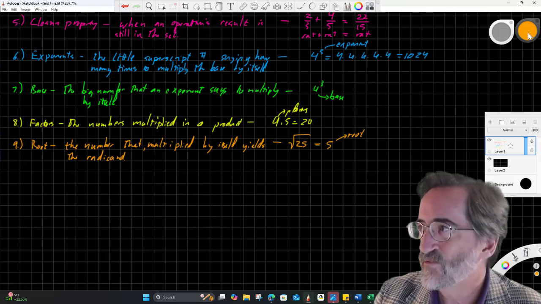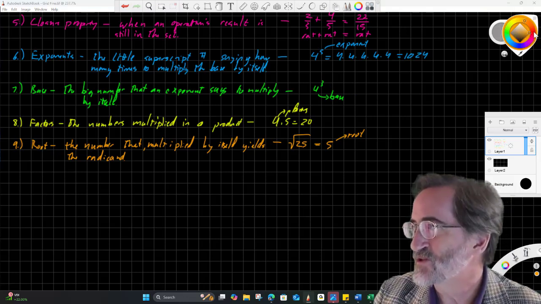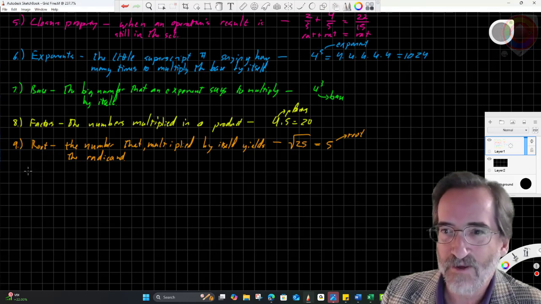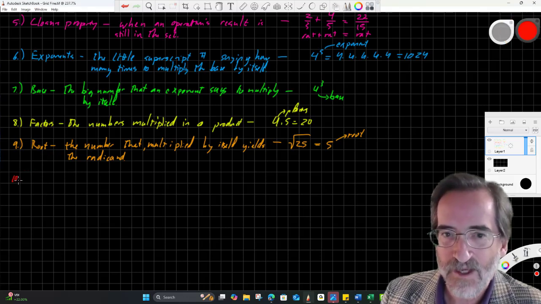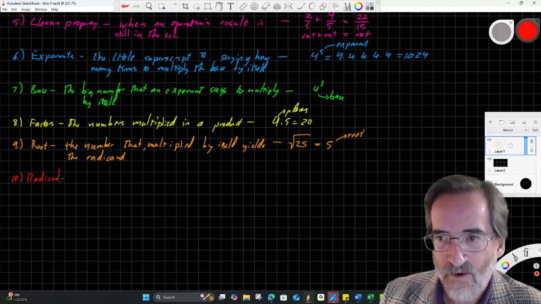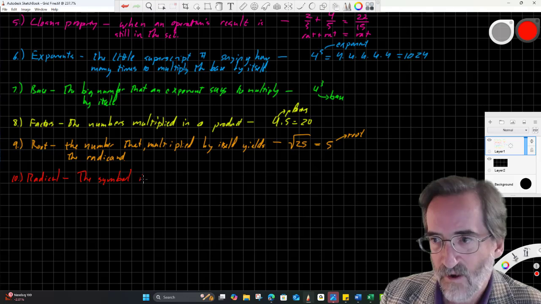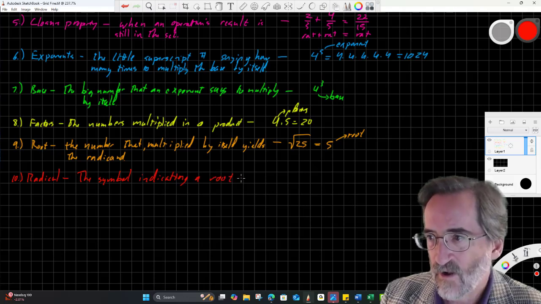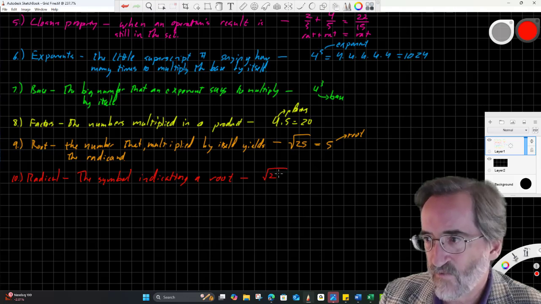Radical. Sounds like when I was in high school. Totally radical, dude. 10. Radical. The symbol indicating a root. Square root 25. That symbol is a radical.